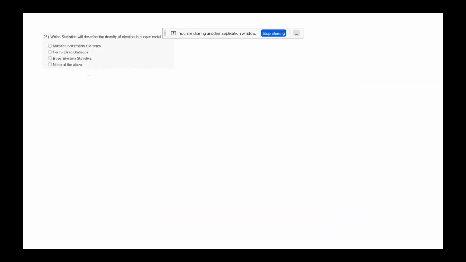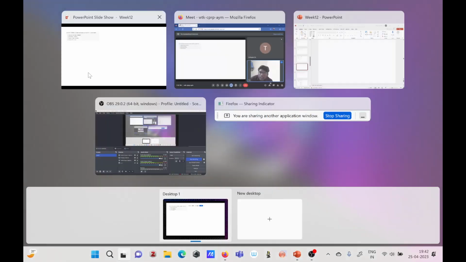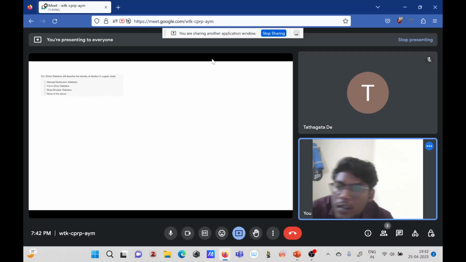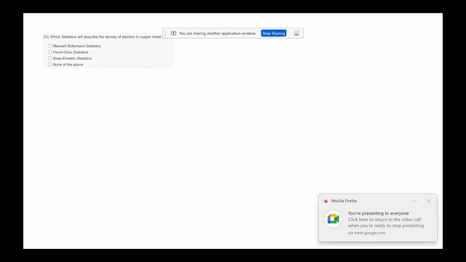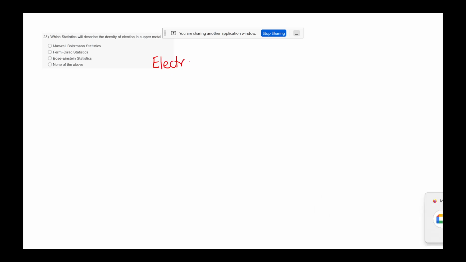Now you tell me, which statistics will describe the density of electrons in copper metal? Electron follows which distribution? Electron is an indistinguishable particle, so it will follow Fermi Dirac statistics. No, indistinguishable, bosons are also indistinguishable.